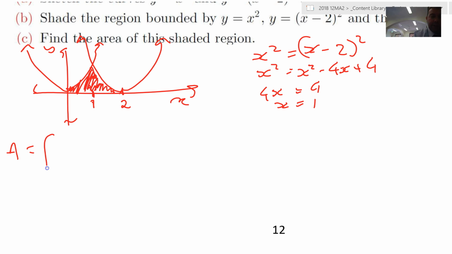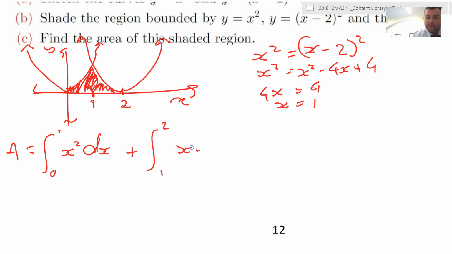So the area is equal to the integral from 0 to 1 of the first curve, x squared dx, plus my second area, the integral from 1 to 2 of (x minus 2) all squared dx.